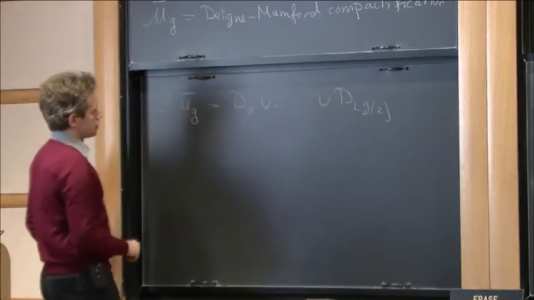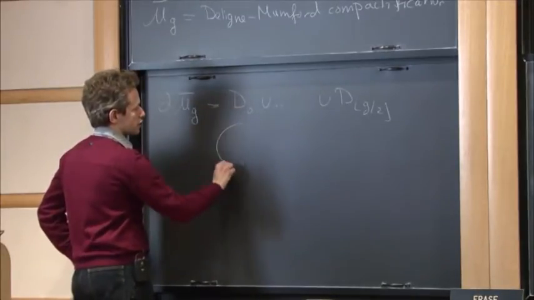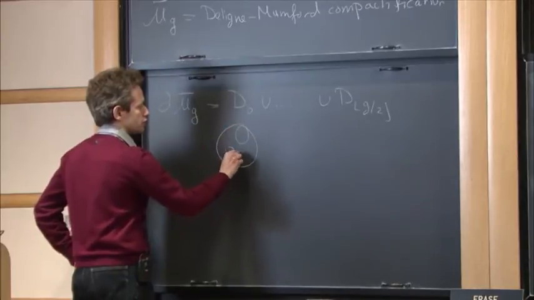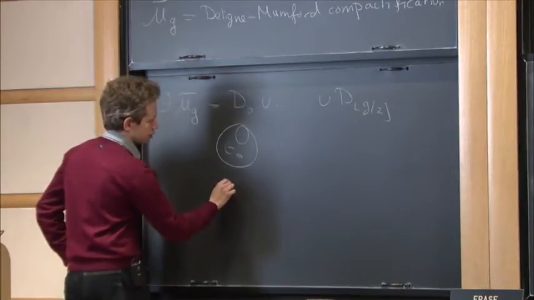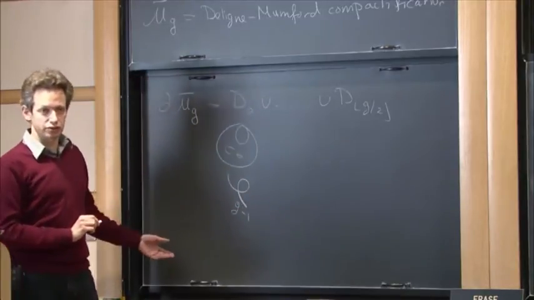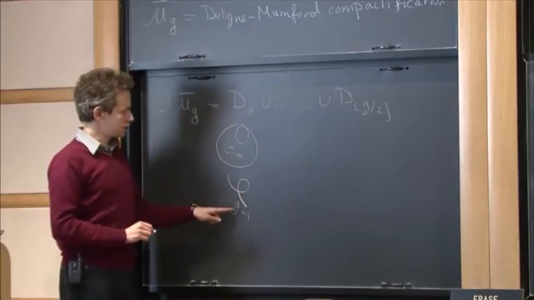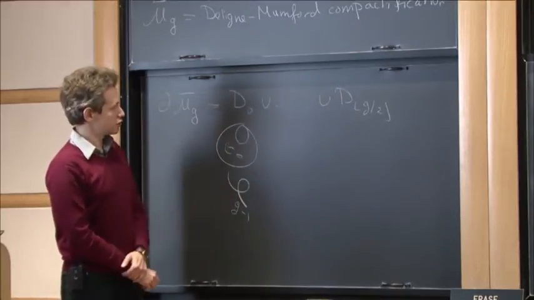And D_0 is the closure of the locus of curves that look like this if you're a complex geometer, or that look like this if you're an algebraic geometer. So this means you take a curve whose normalization is of genus g minus 1, and it has one node.